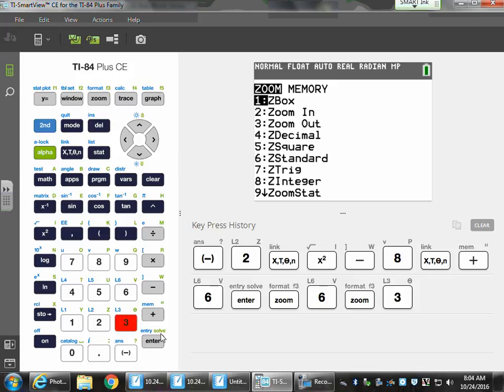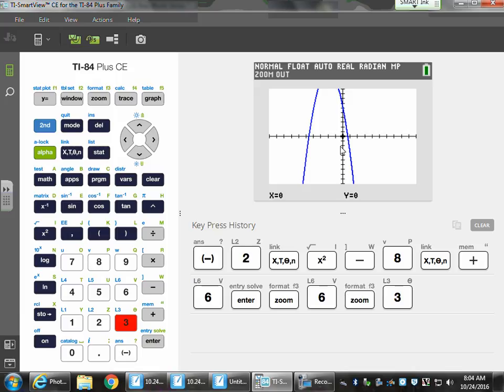Let's try zoom out. And then hit enter. You get a blinking dot on 0, 0 because it's asking, do you want me to zoom out from here? And you say yes. Hit enter again after you see the graph, and you'll see it zoom out.